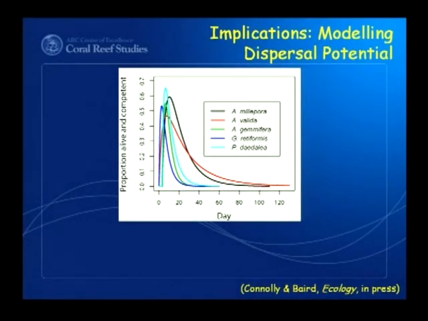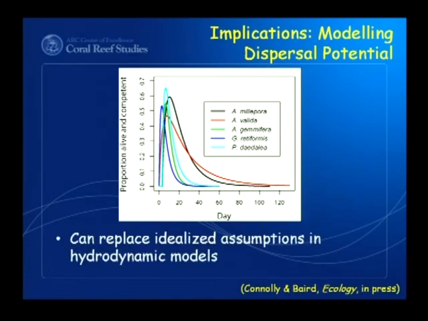We can combine this with calibrated models of larval survival and produce what I would call a temporal dispersal potential. This is the proportion of an initial cohort of larvae that would be alive and capable of settling as a function of time. And so essentially what we can do is use this kind of calibrated model instead of those idealized rectangular competence models and so forth in oceanographic models for dispersal, right?